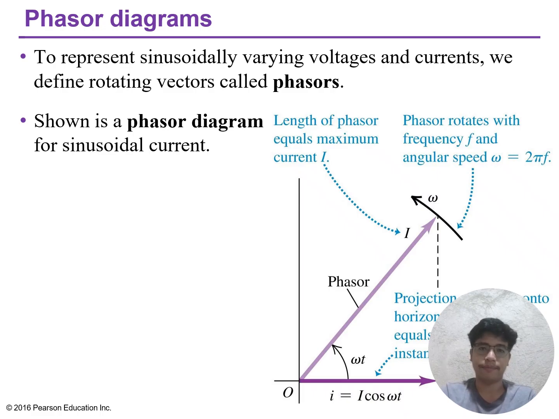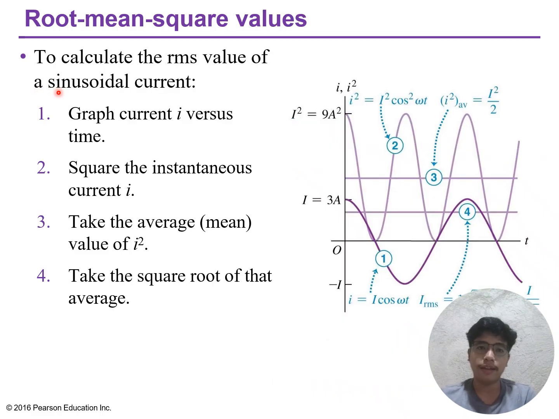So to calculate the RMS, root mean square, value of the sinusoidal current, a quantity that appears repeatedly in AC analysis and represents the equivalent DC current that would produce the same power dissipation, we follow a four-step procedure that reveals the mathematical essence of this important quantity.